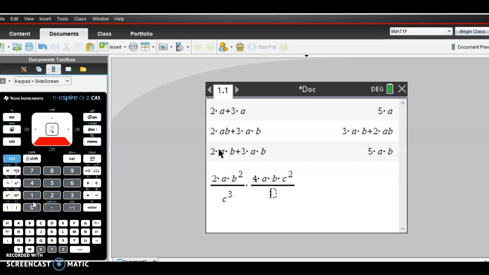And cursor down, let's make that 16. Okay, make it 16 and press enter. As you can see, that's all you have to do to simplify: press enter.